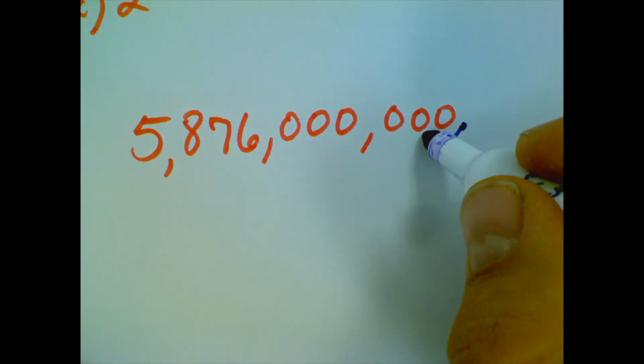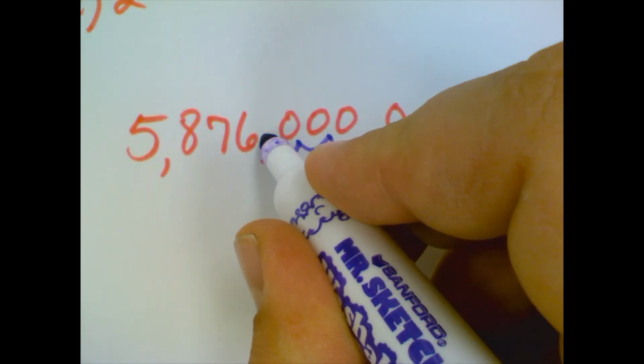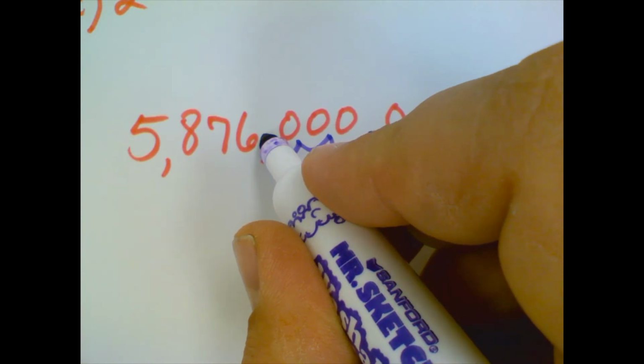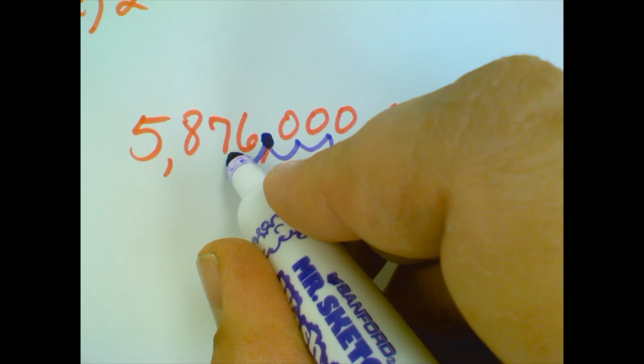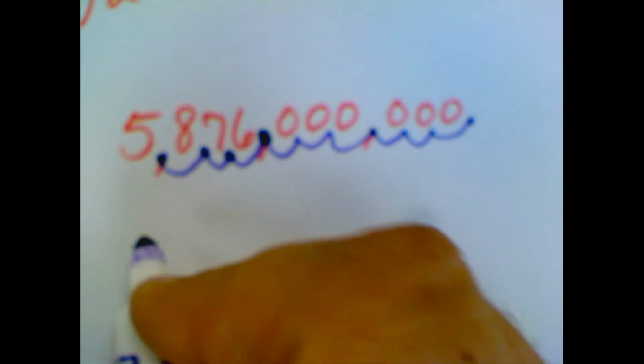So I'm going to move it 1, 2, 3, 4, 5, 6. I'm not between 1 and 10 yet. I'm at 5,876. Gotta go one more. That's 587.6. 58.76, we're getting closer. Oh, I think the ship has landed at 5.876.